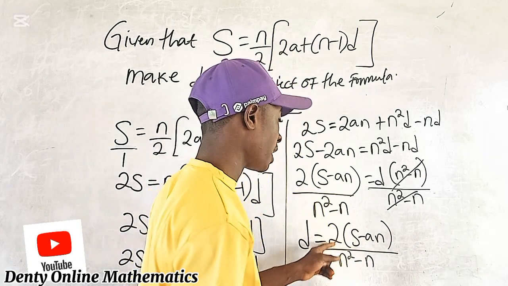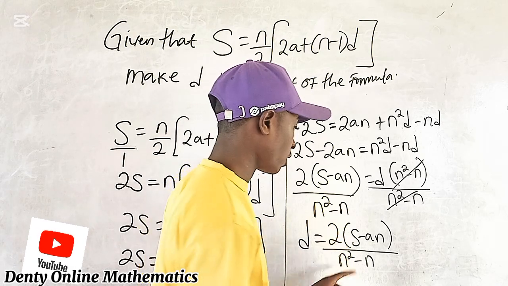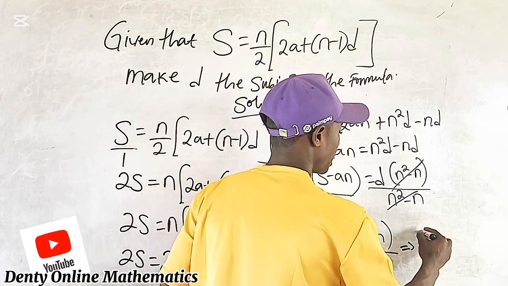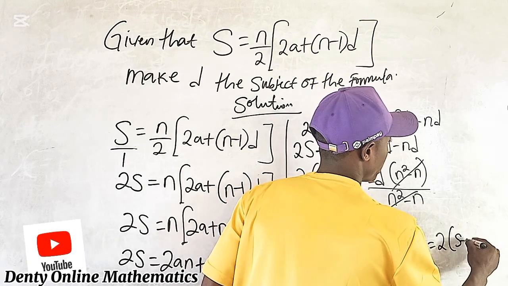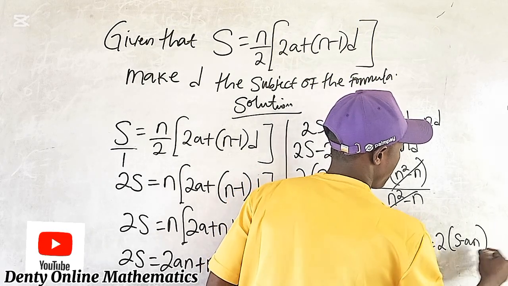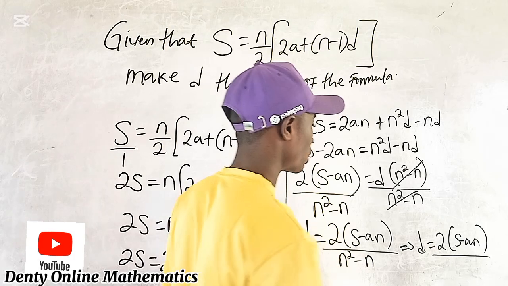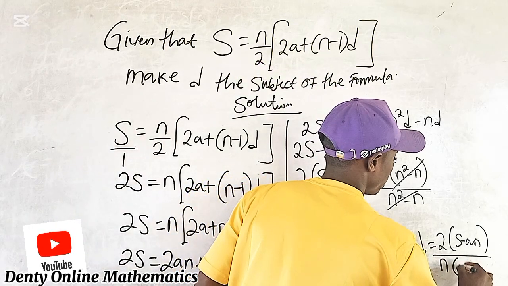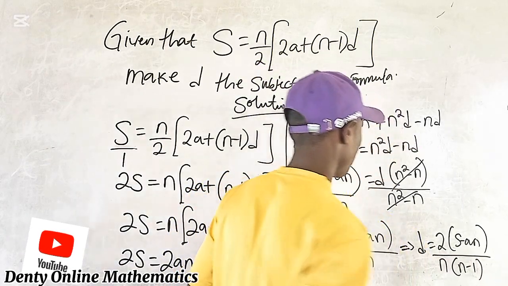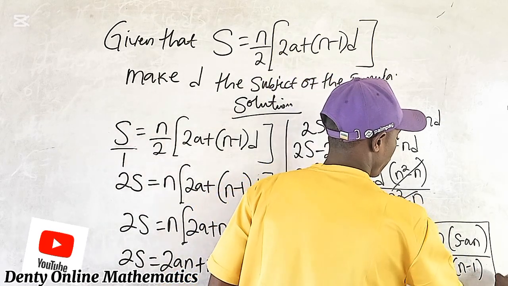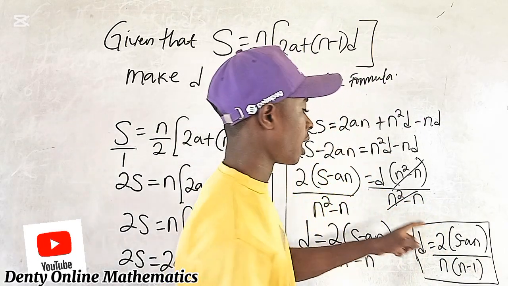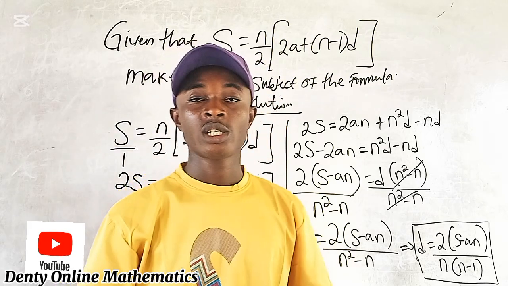If you want to factorize it better, you can also say that d will be equal to 2(S − an) divided by n, since n is common, take out n(n − 1). You get it? So this is our final answer on how to make d the subject.